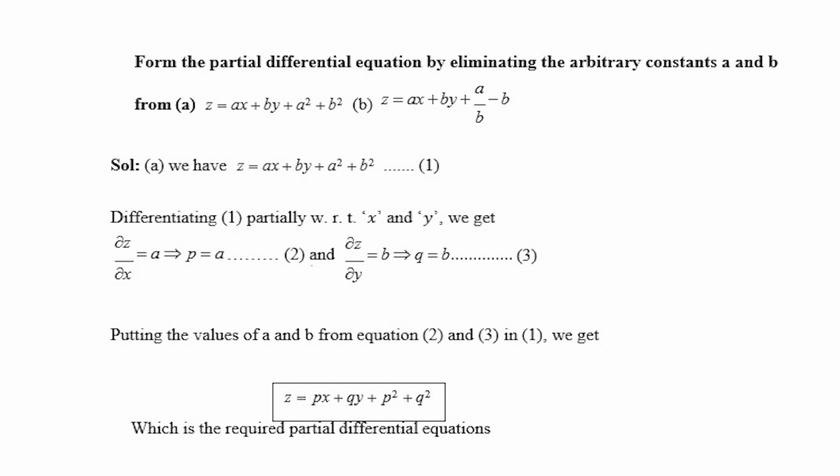Now we substitute p = a and q = b in equation number 1. We get z = px + qy + p² + q². This is the required partial differential equation.